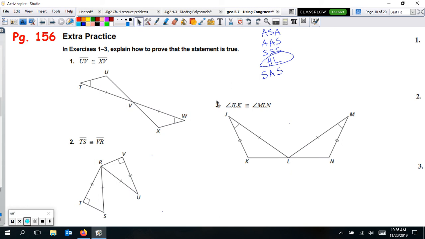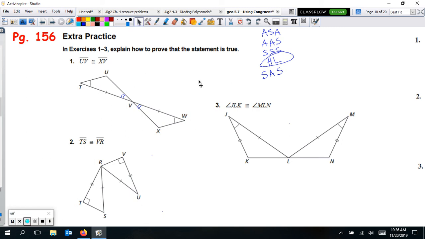Once we show those vertical angles are congruent, we have an angle, a side, and an angle, ASA, the side in between. The one that's a little different, I circled, the HL theorem. That is for hypotenuse and leg, which is for right triangles only. Everything else would be for any other triangle.